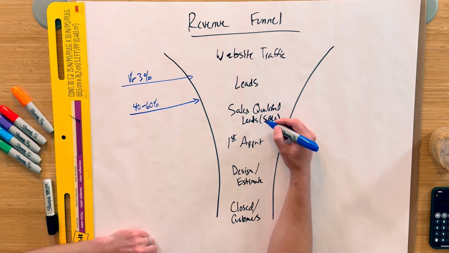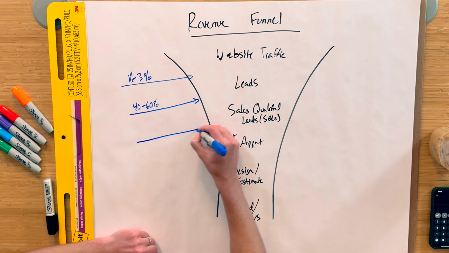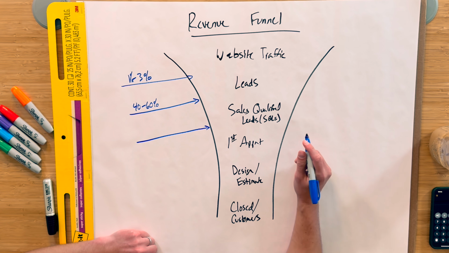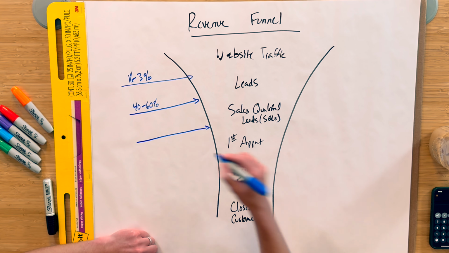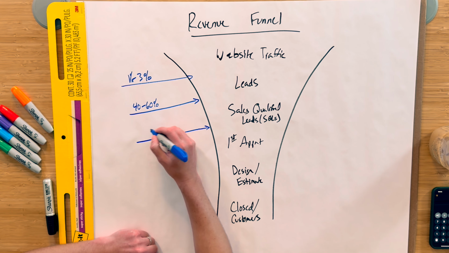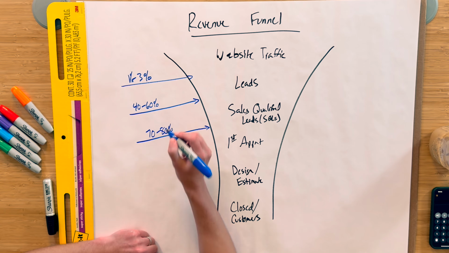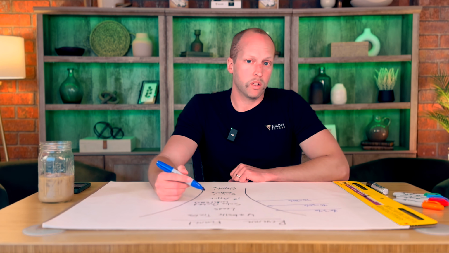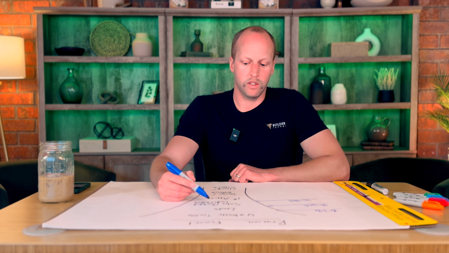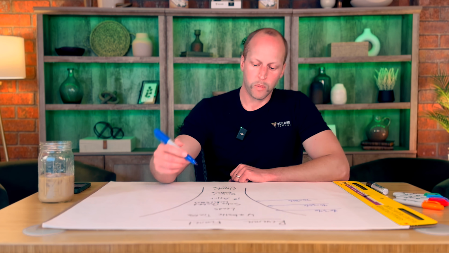If you've qualified them, then hopefully you are booking lots of those into appointments. And so this conversion rate should be 70 to 80%. When you're talking to the right person and they're a fit for your services, we want to see this as a really strong conversion to that first appointment.